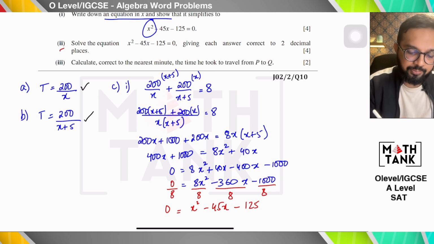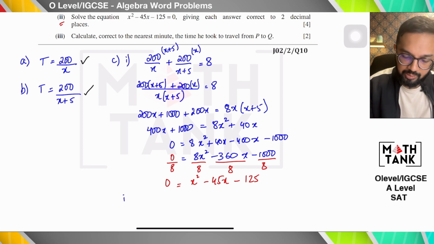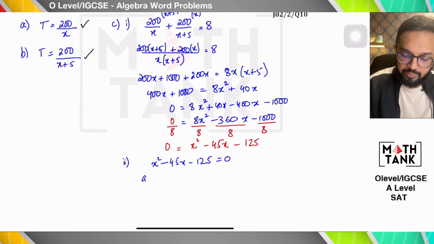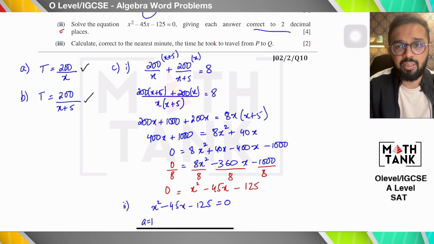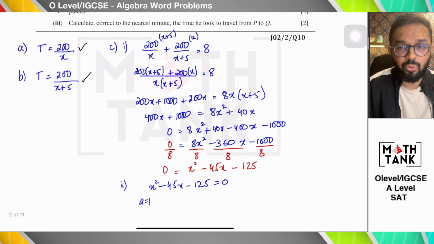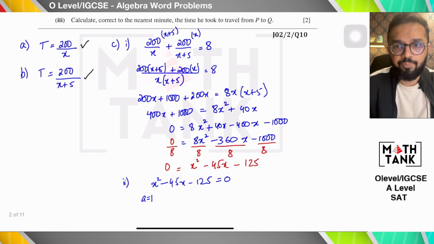Okay, part 2. Part 2 says solve the equation. How do I solve a quadratic equation? x squared minus 45x minus 125 equals 0. It says to correct to two decimal places, so it's obvious that you need to use the quadratic formula. This won't break down. You won't be able to break down the middle term in this case.